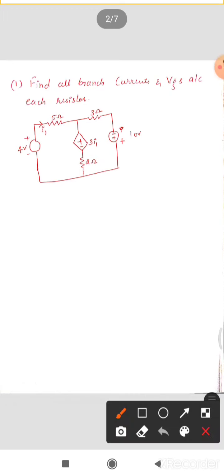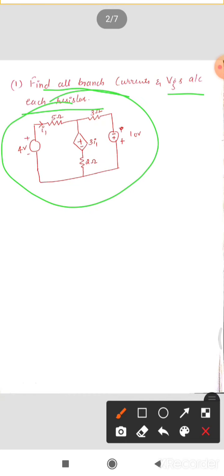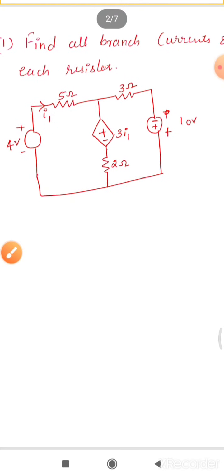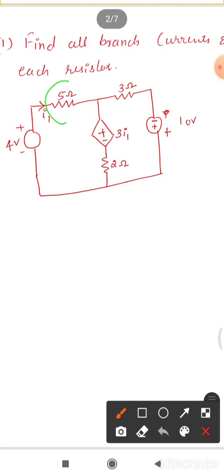So let's solve a numerical on this. It is a very simple numerical. Find all branch currents and the voltage across each resistor. We have to calculate all the branch currents and the voltage across each resistance. Just observe the circuit. There is a 4 volt voltage source, then a 5 ohm resistance, and a 3 ohm resistance with a 10 volt independent voltage source.